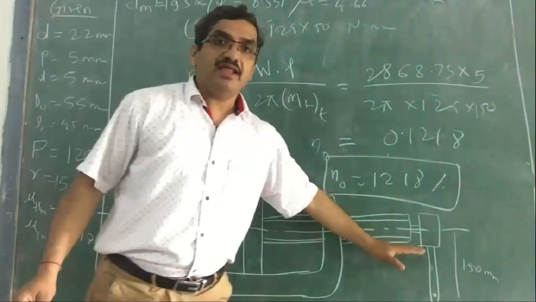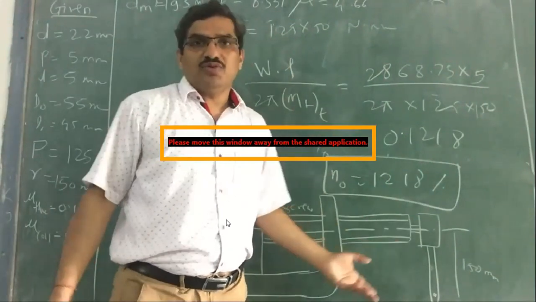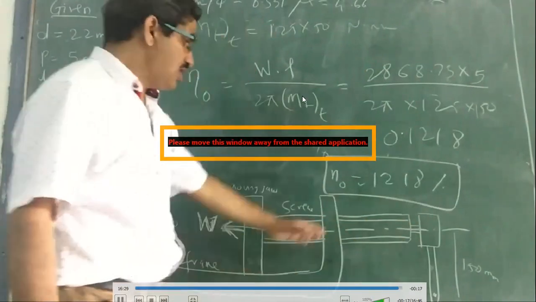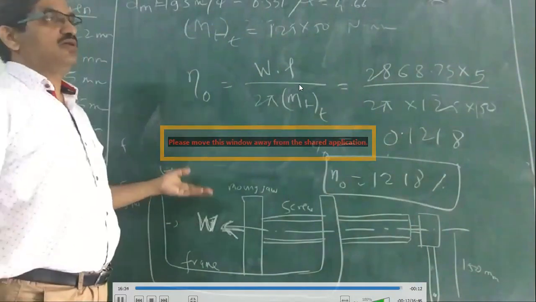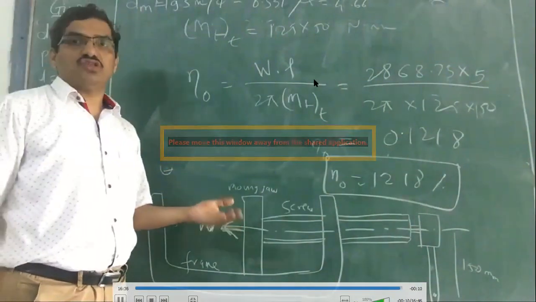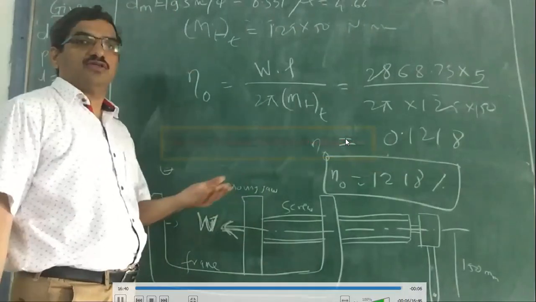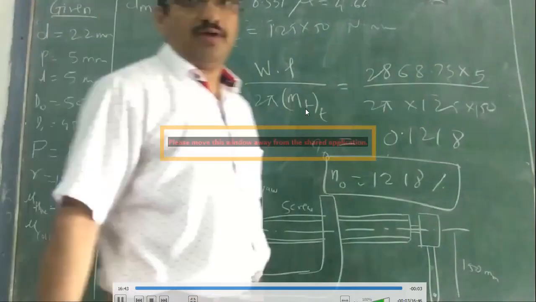We get input by applying force at the end of the handle, which creates a torque. That force into this distance is your input torque. This torque will be matched by the total torque required to overcome the friction. There are two frictions: friction for the collar, and friction for raising or lowering the load, and we can find out the corresponding load.